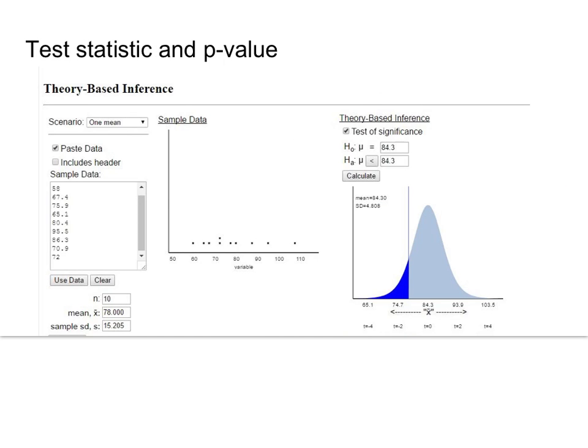So with this one, because they didn't tell me the mean and the standard deviation, I selected one mean, I typed in my data. You can copy and paste it into it. It's got to be in a column for this to understand it. Use data. It calculated the sample mean for me, the standard deviation. And I set up my hypotheses.